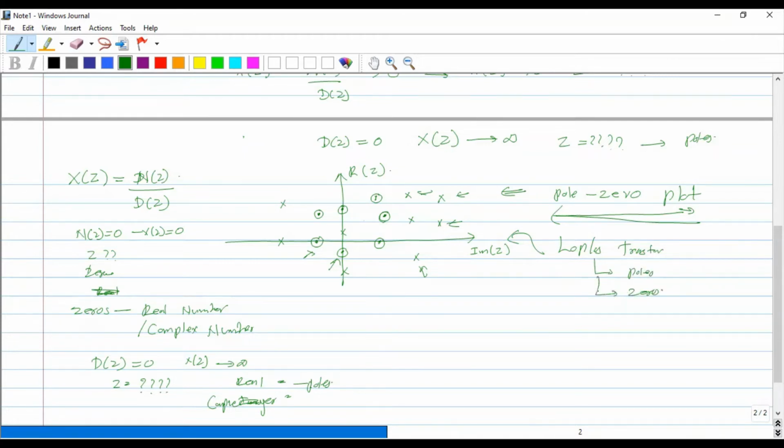Using the pole-zero plot, we mainly conclude whether a system is stable or not. So we normally use the pole-zero plot to see if a system is stable or not. We will see that later. Now just have an idea about the pole-zero plot.